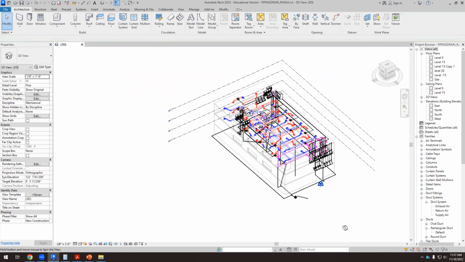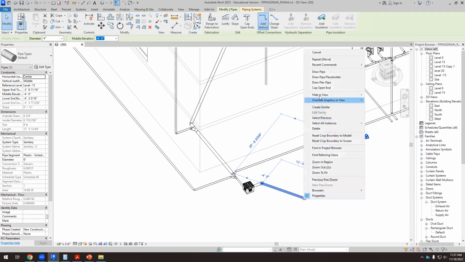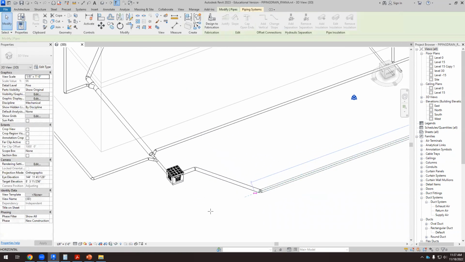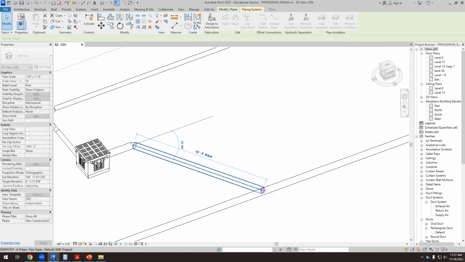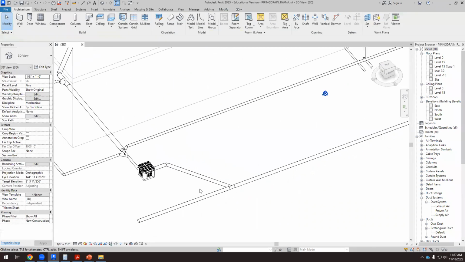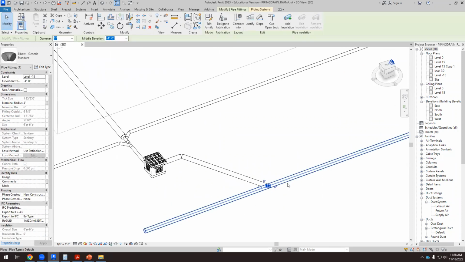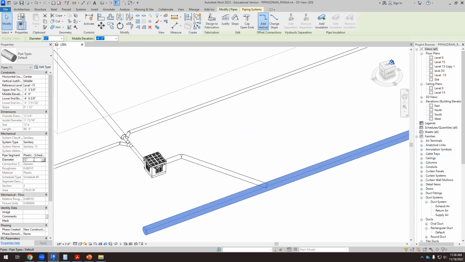If the city sewer is a pipe that runs in that direction, well, probably this city sewer is something very big, even more than 12 inches.